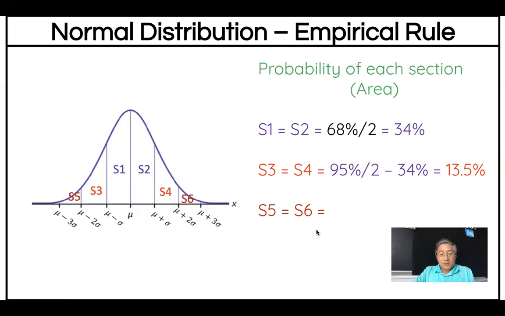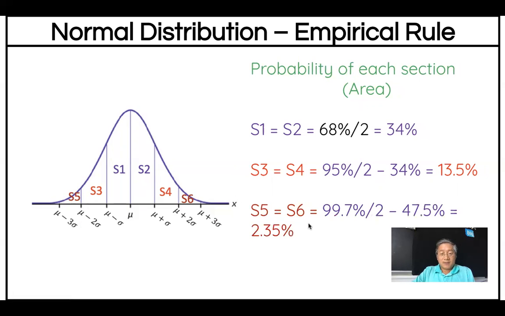This way, if you calculate for S5, S6, so 3 standard deviations is 99.7%, right? And if you divide by 2, it's half of this section. And then you subtract the S1 and S3, which is 47.5%. Then you get 2.35% for the S5. And then S6 is also the same.